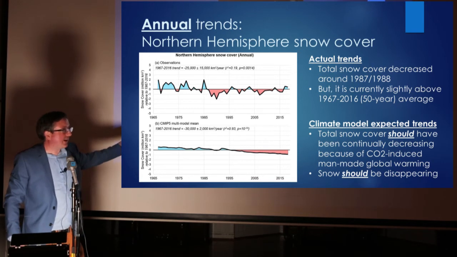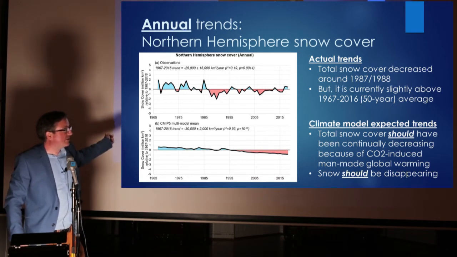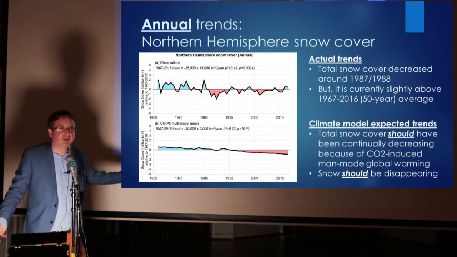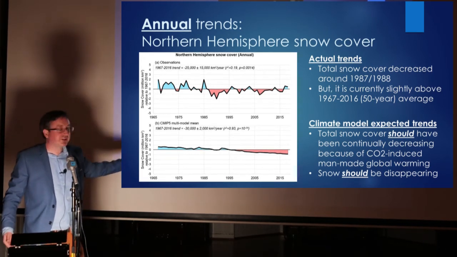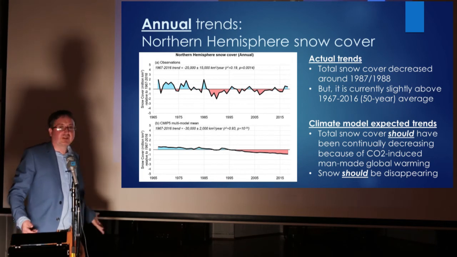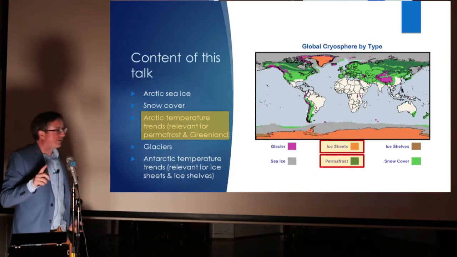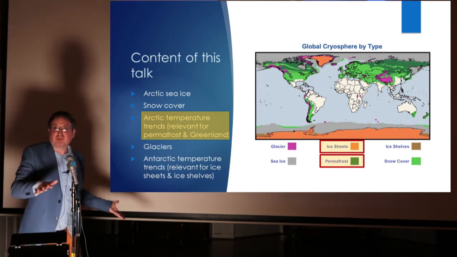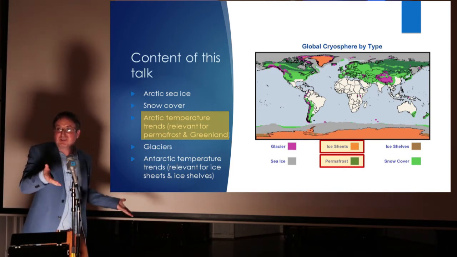And the climate models expected that it should have been a continuous decline from CO2 induced global warming, and that the snow should be disappearing, but it's not. I'm thinking, because this is a much longer one, that I'll finish this presentation now.